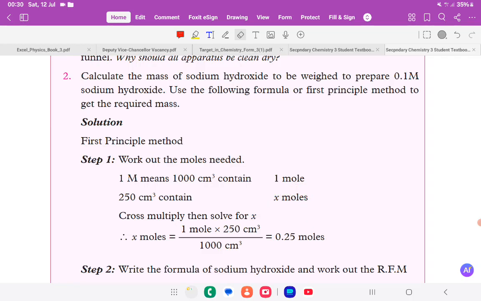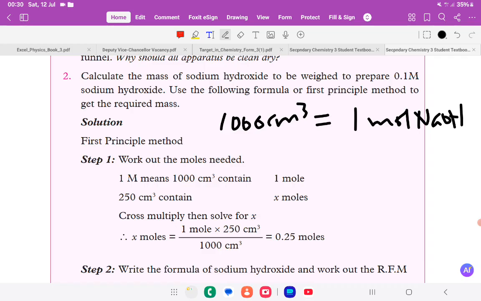Just do simple proportion. In 1000 cubic centimeters we have to dissolve 1 mole of sodium hydroxide. What about 250 cubic centimeters? How many moles?